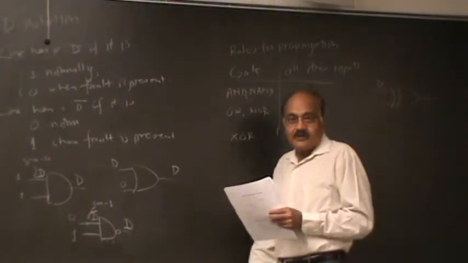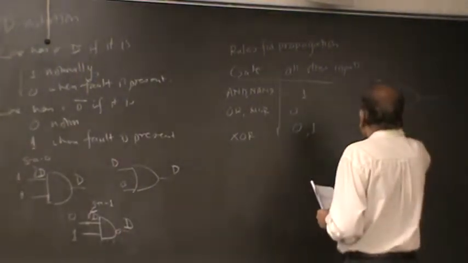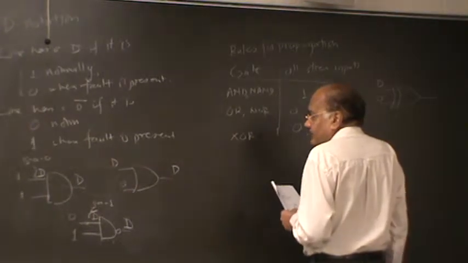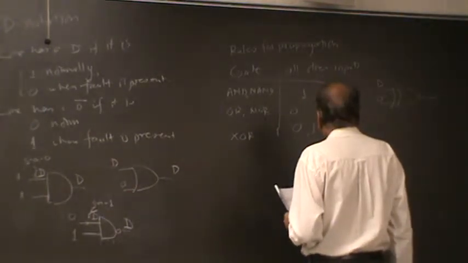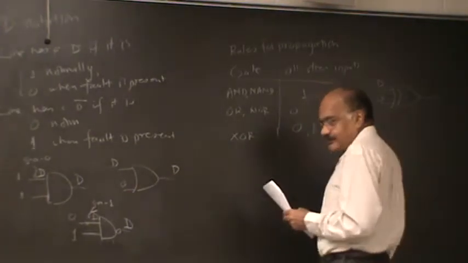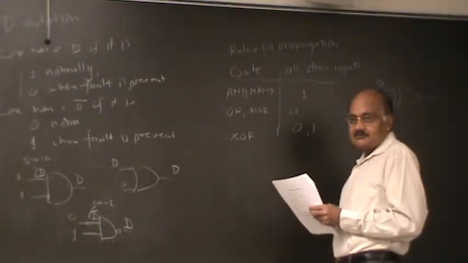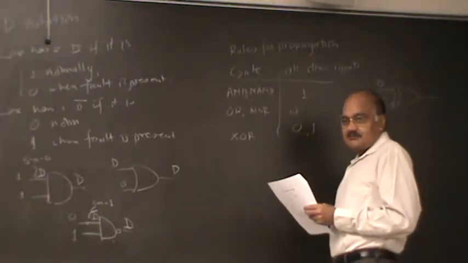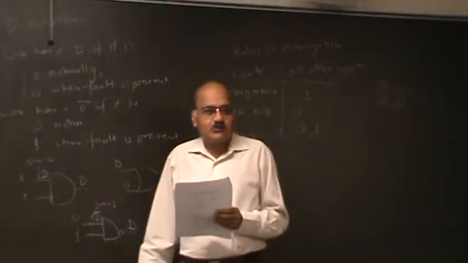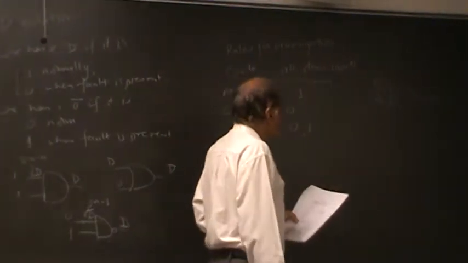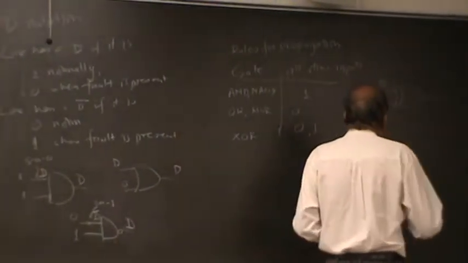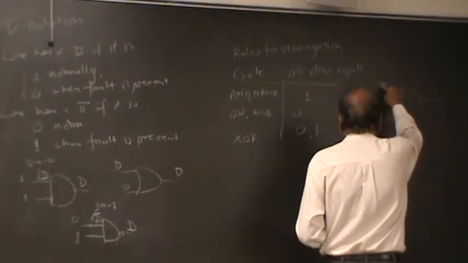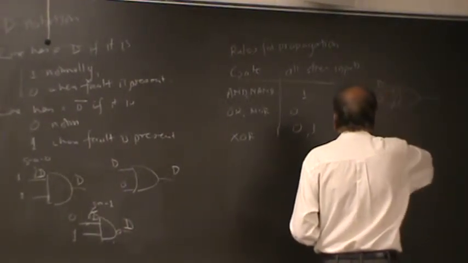Because an exclusive OR gate, what will happen? Now let's see. What is 0 exclusive OR with X? If X is 1, then output is 1. If it is 0, output is 0.